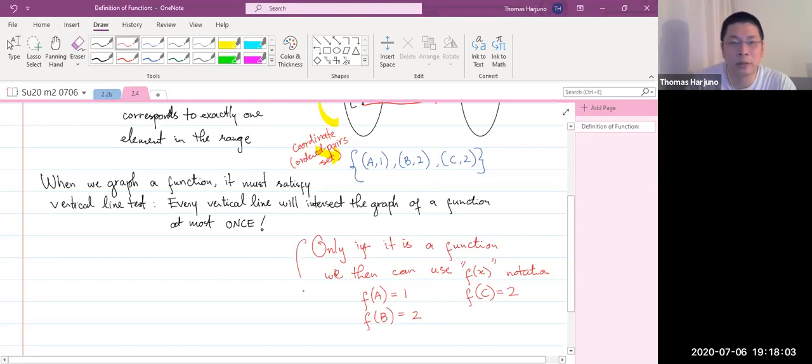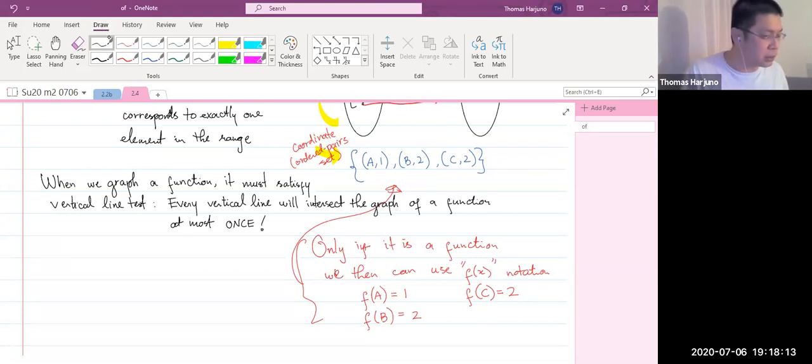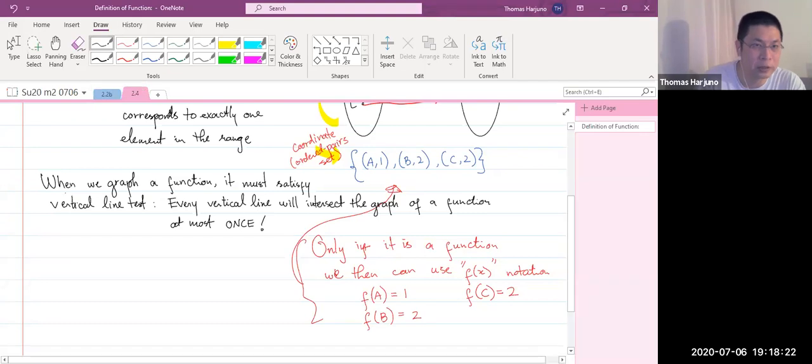Again, only if it is a function can we do so. I believe you have seen these functions before. I just try to strengthen the conceptual foundation further, especially under what situation we can use that f notation.